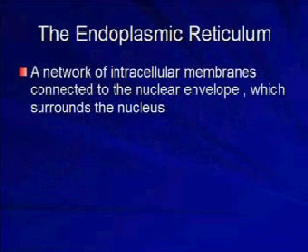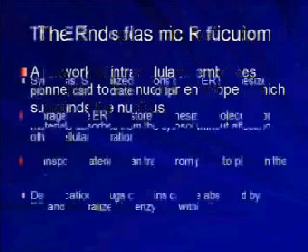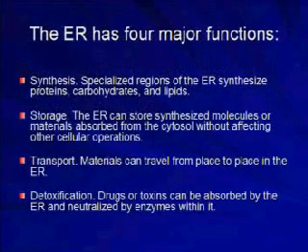Now, the endoplasmic reticulum, another organelle, is a network of intracellular membranes connected to the nuclear envelope, which surrounds the nucleus. The endoplasmic reticulum has four major functions. First is synthesis. Specialized regions of the endoplasmic reticulum synthesize proteins, carbohydrates, and lipids. Storage.